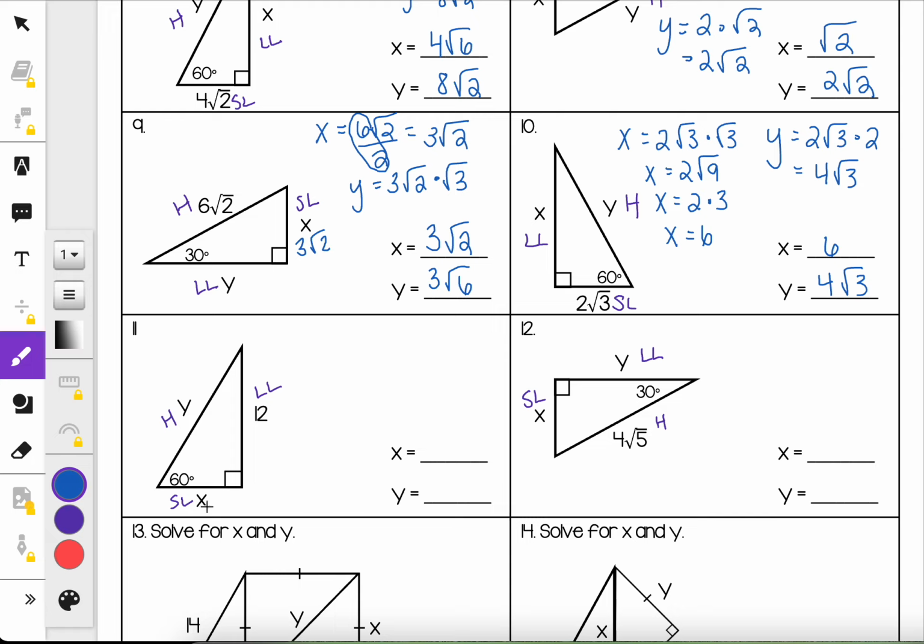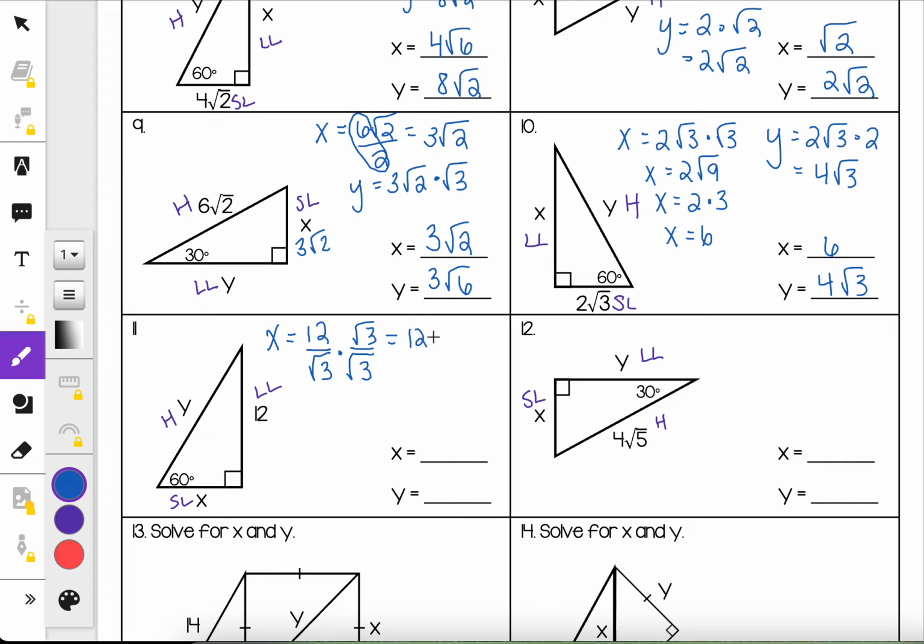All right, for number 11, I have my short leg x. I need to find the short leg, and I'm given my long leg is 12. All right, so here I'm going to have to rationalize the denominator. So I need to divide this by the square root of 3. Unfortunately, I don't already have something that's in the radical. So if you remember from the last lesson, to rationalize the denominator, you're going to multiply the numerator and denominator by whatever is in the denominator here.